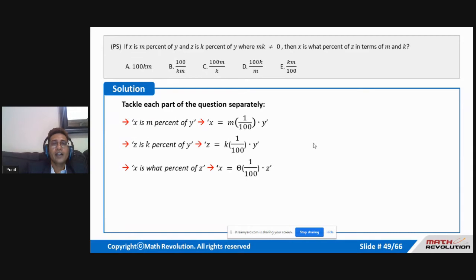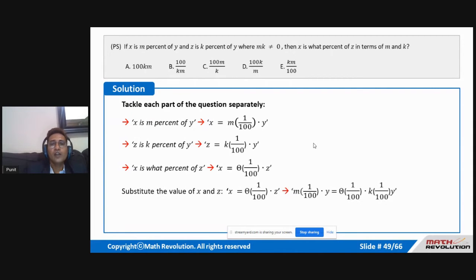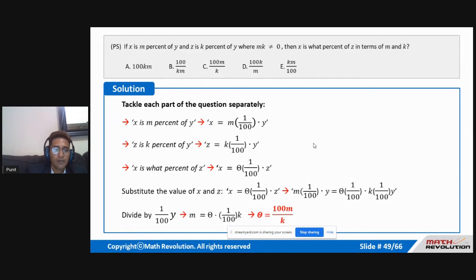Now x is what percent of z, so x equals theta times 1 over 100 times z. You can easily substitute the values of x and z. The 1 over 100 gets cancelled, y gets cancelled, and the final answer becomes 100m over k.